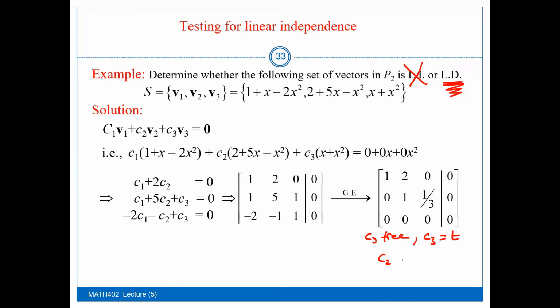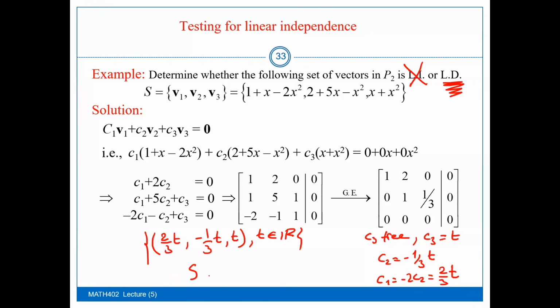Then C2 is -1/3 t, and C1 is -2 C2, so it's 2/3 t. So the solution set of this system is (2/3 t, -1/3 t, t), t in R. So the set S is linearly dependent.